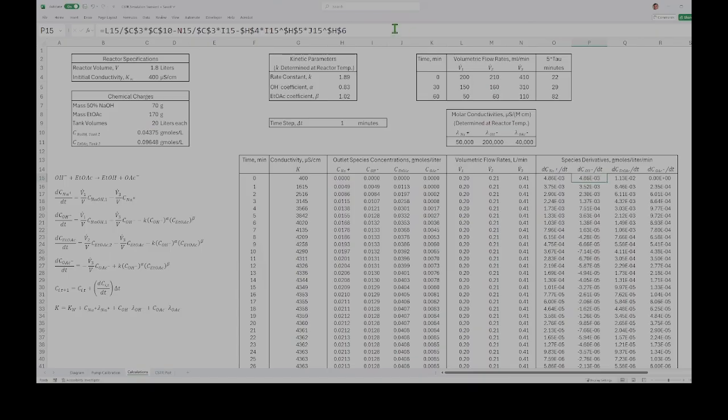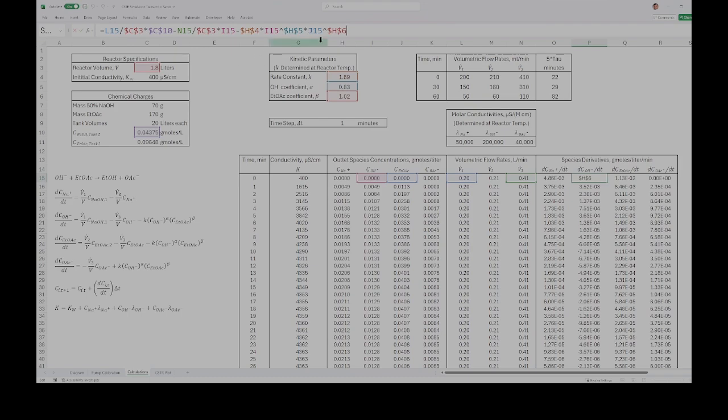Hydroxide ion, again, coming in, I have my volumetric flow rate of stream 1 divided by the reactor volume, and I'm going to multiply it by the hydroxide ion in that stock tank, which is the same as the sodium ion in that stock tank, minus what's leaving, which is V dot 3 divided by the reactor volume times the concentration of hydroxide ion.